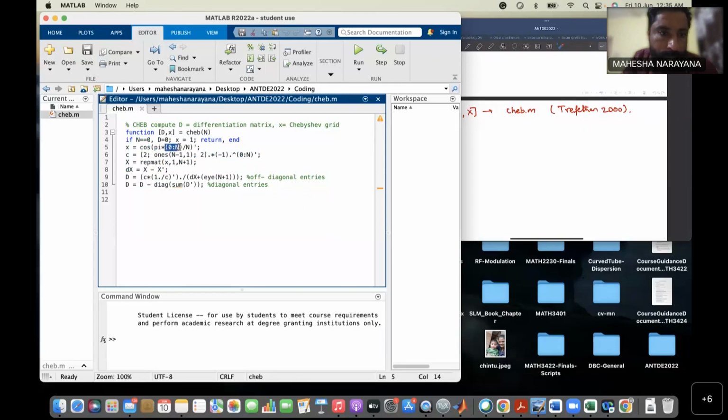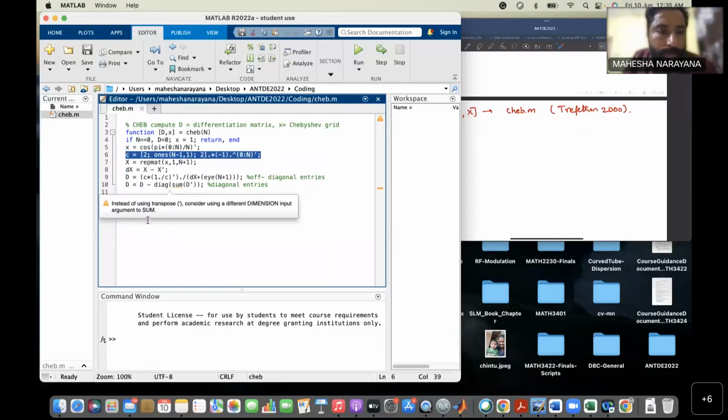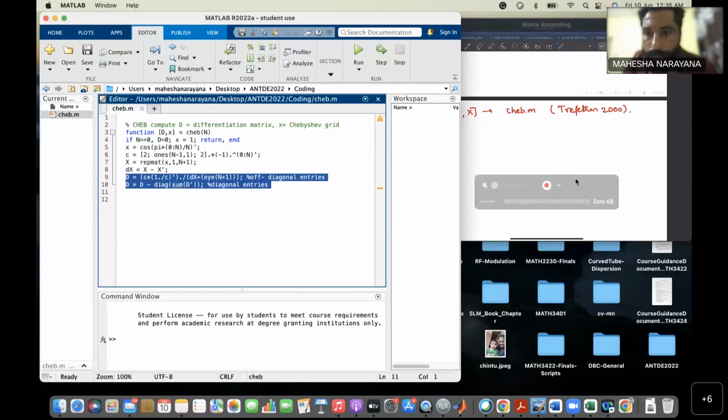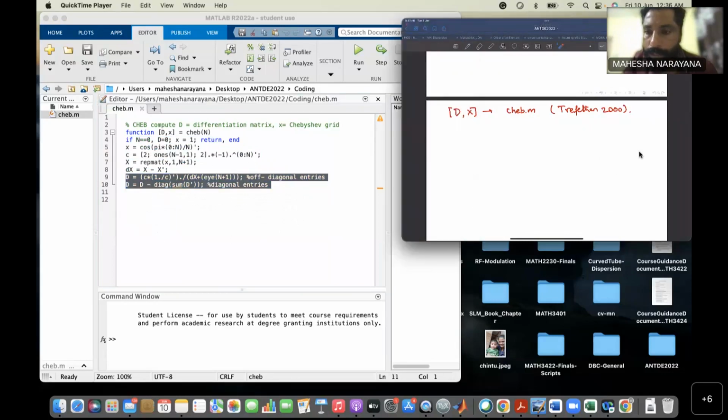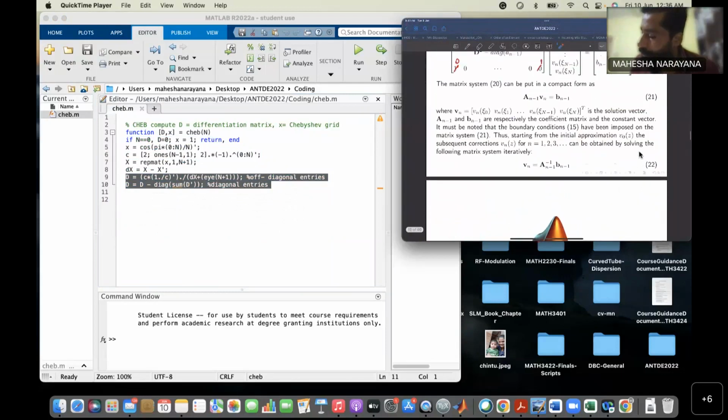And for the diagonal entries, the same formula is used as I showed. I'll just take you to that. So this c is either 1 or 2 based on what i is.